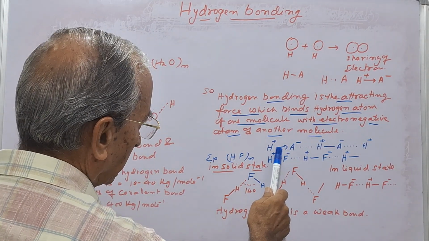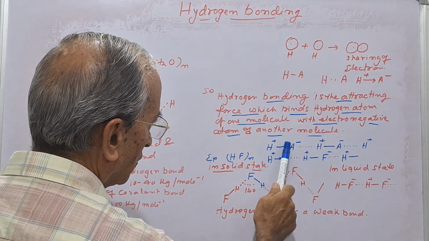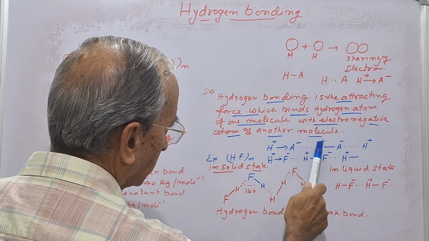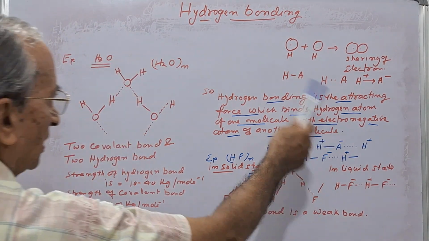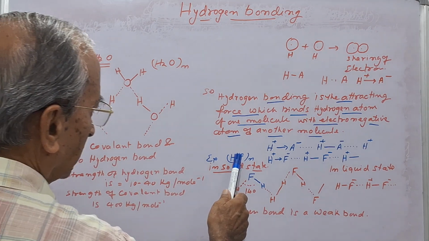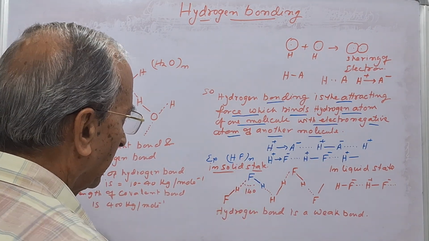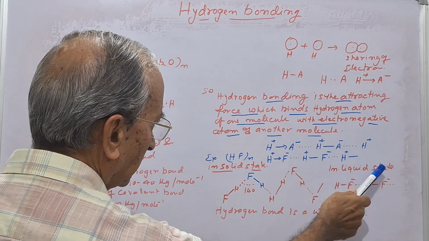Now H and A shown by the arrow is a covalent bond, and A and H is a hydrogen bond. This can be explained by taking the example of HF, hydrogen fluoride, in the solid state and the liquid state.